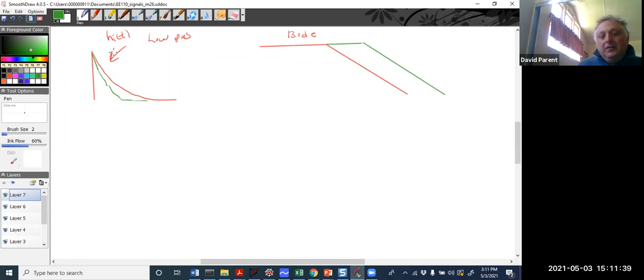Now, it can be hard to test this. So a lot of times what we do is we look at H step. And the one with the larger 5 tau is the one that takes longer to charge.